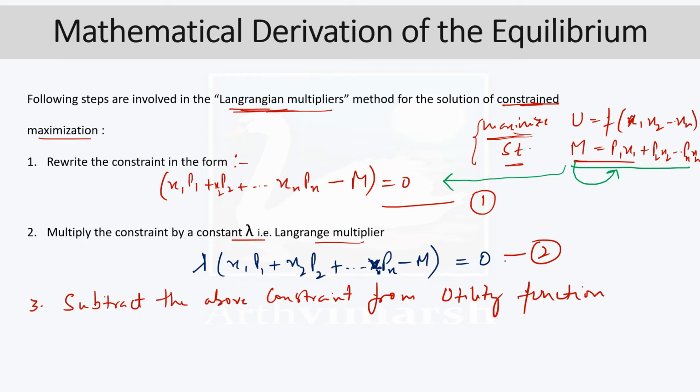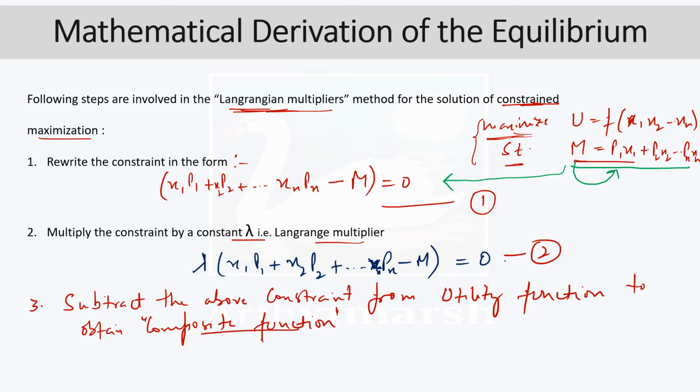We are subtracting this constraint from the utility function to obtain what we call the composite function.